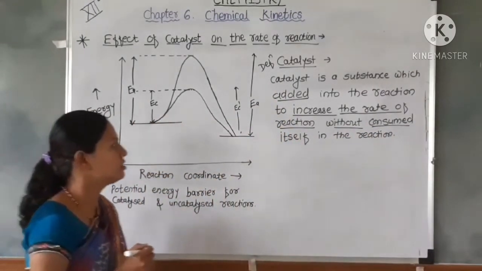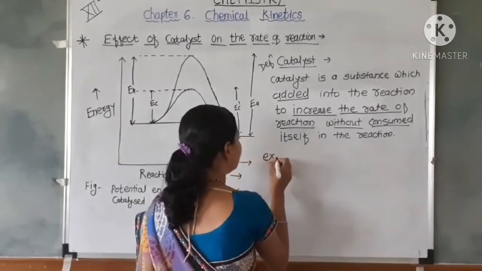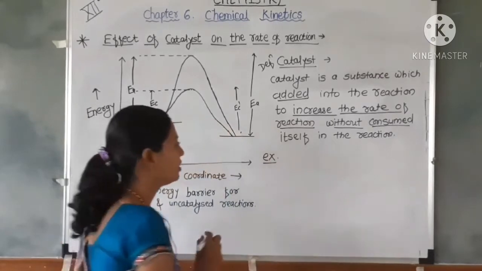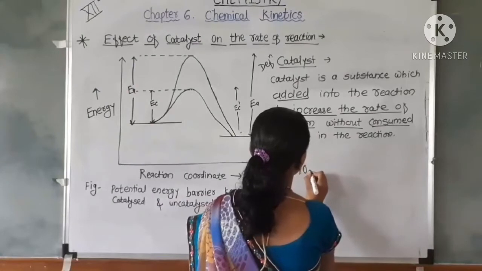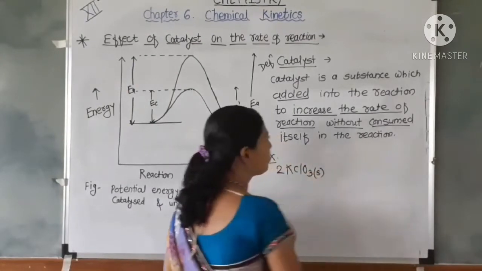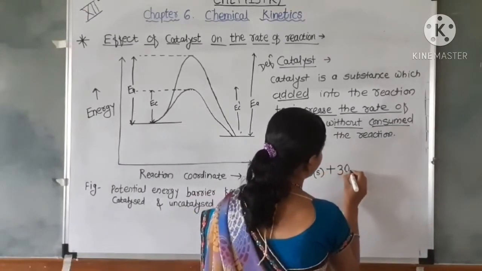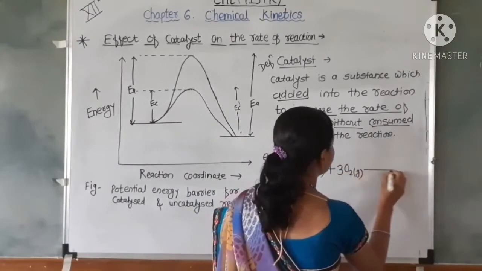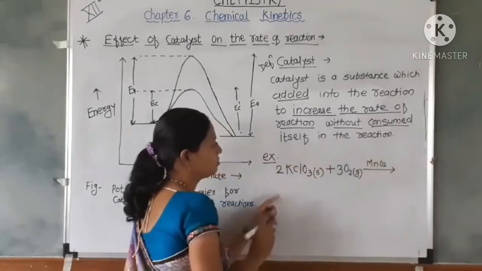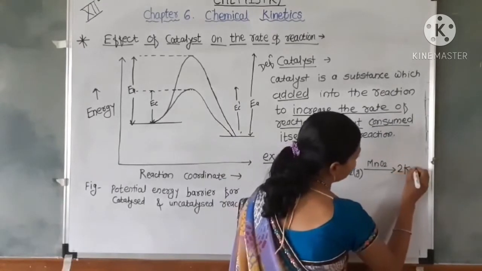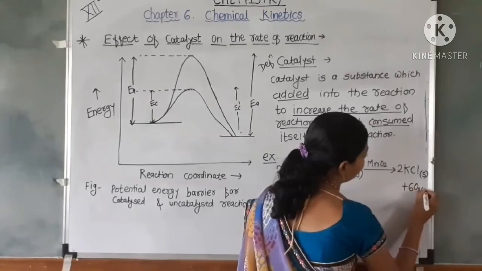Consider one general example: 2KClO3 in solid state, in the presence of MnO2, gives 2KCl in solid state plus 3O2 in gaseous state.